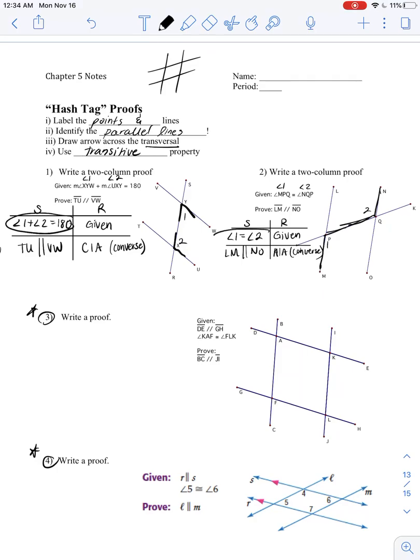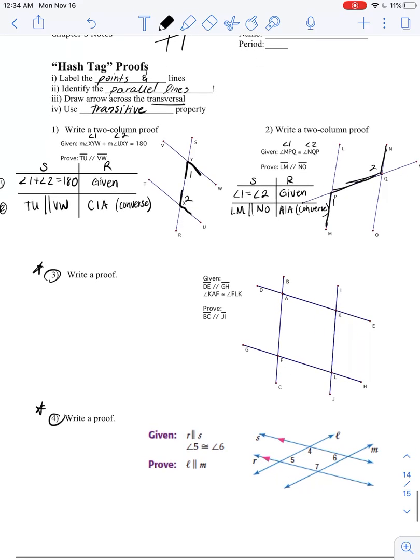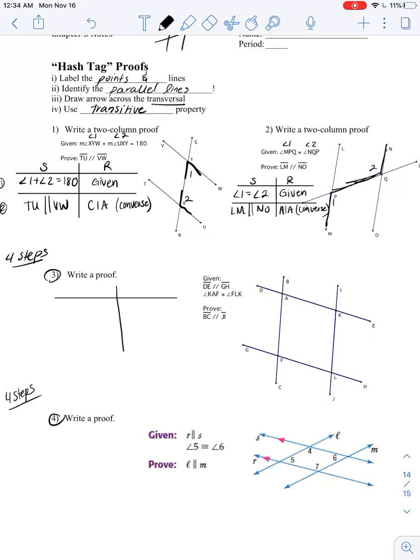So our goal for these next proofs is to come up with a statement like one of these that we can use to then say, because of the converse, we know the lines are parallel. And again, these proofs are going to be 4 steps. They should be 4 steps each time, unless you do something else, which you can do in more steps and still have it be correct, but if you're following the format that we like to teach it in, then it should only be 4 steps.